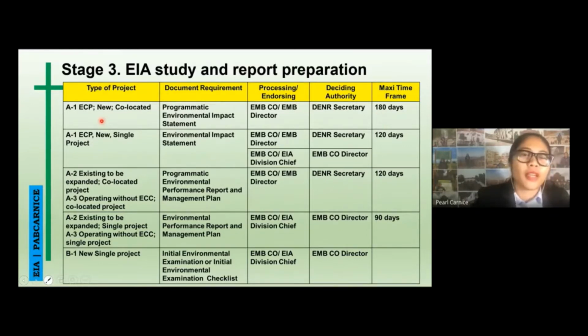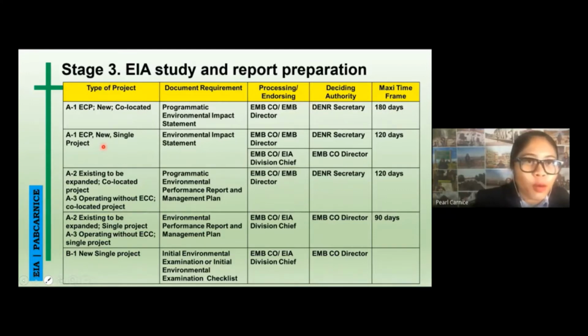So for category A, which is environmental critical project, new and co-located, I have to prepare PEIS, or programmatic environmental impact statement, in which the processing or endorsement is by the EMB director, and the deciding authority is, of course, the DNR secretary, and the maximum time frame is 180 days. 180 days is like 6 months.